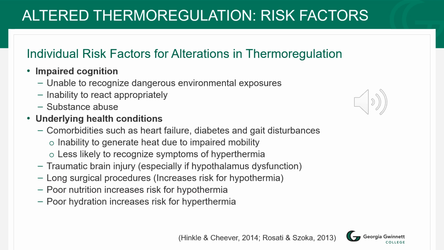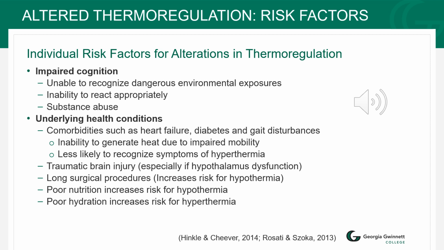I hit on this a little bit on the slide with the older adults being at higher risk. But you don't have to be an older adult to have impaired cognition. Anyone that has impaired cognition or is unable to reason through, they might not recognize the dangerous extremes in temperature. If they recognize it, they may not have the capacity to react appropriately.